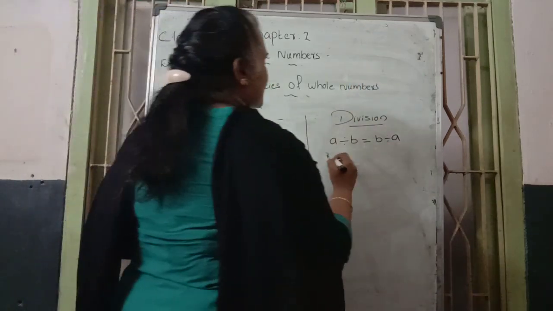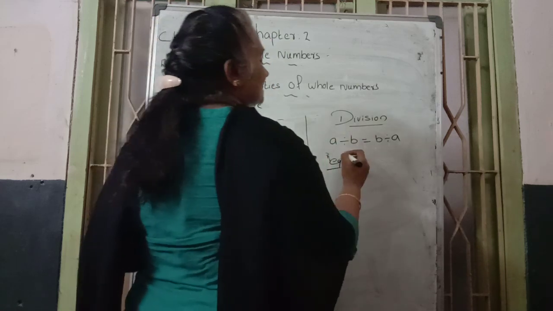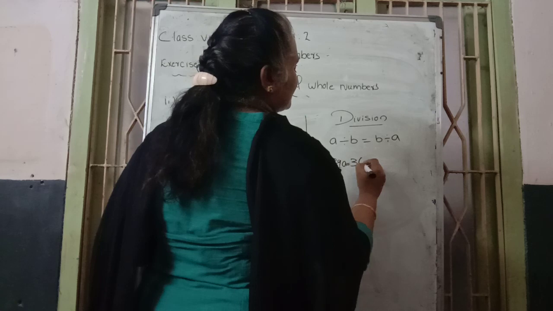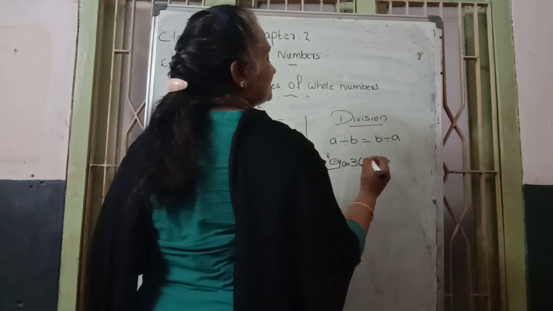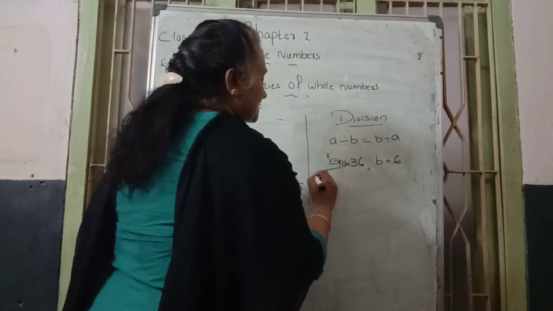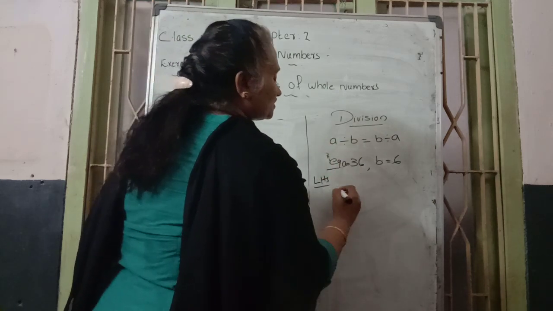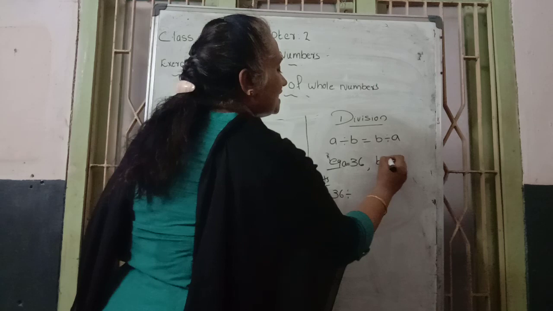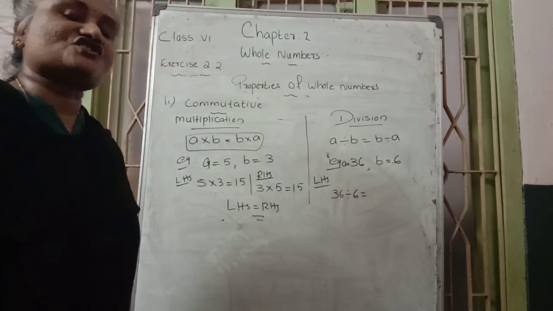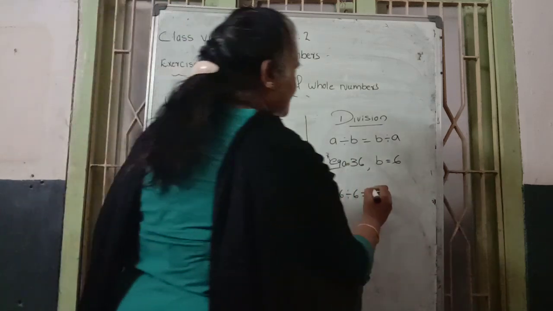So for example, we can take a value as 36 and b value as 6. So in the LHS part, take a value 36 divided by b value 6. What is the answer? 36 divided by 6 means the 6 table, 6 times.